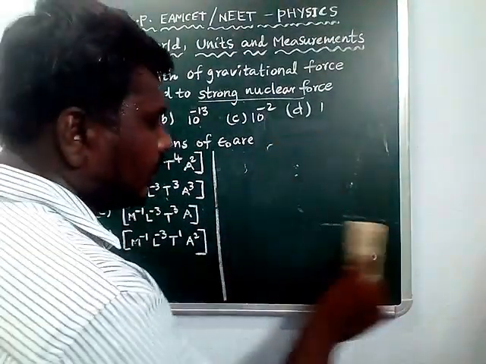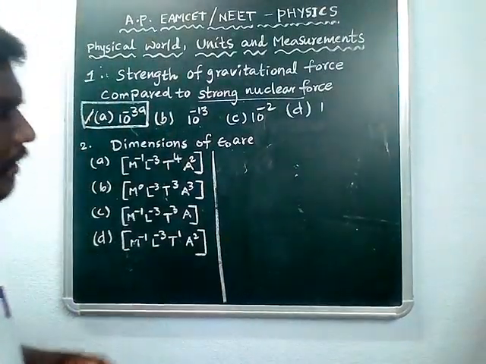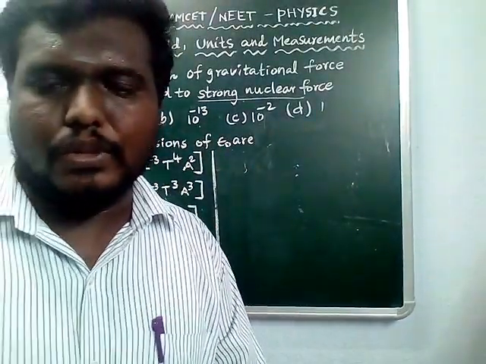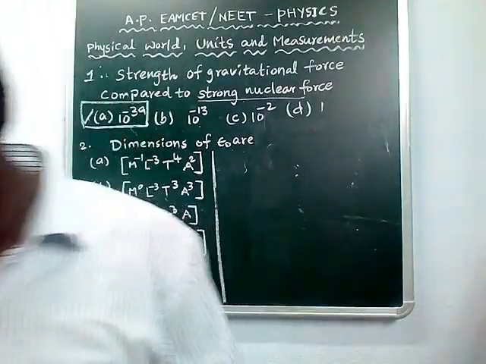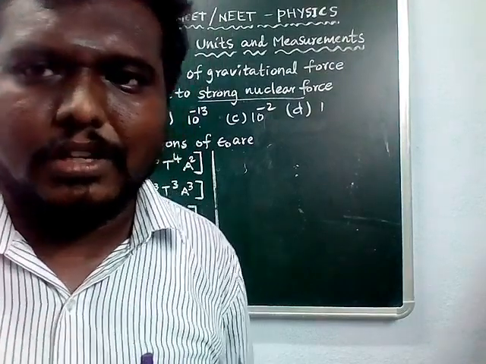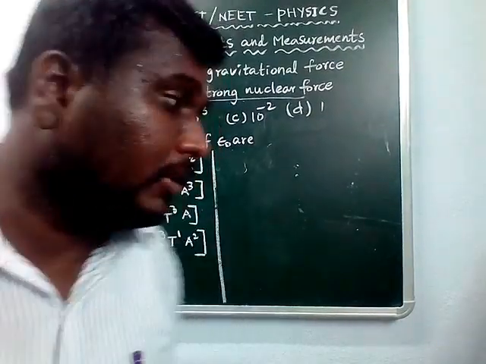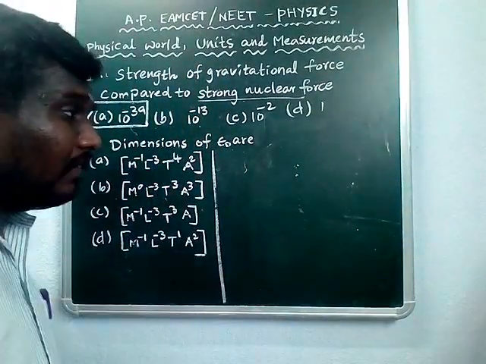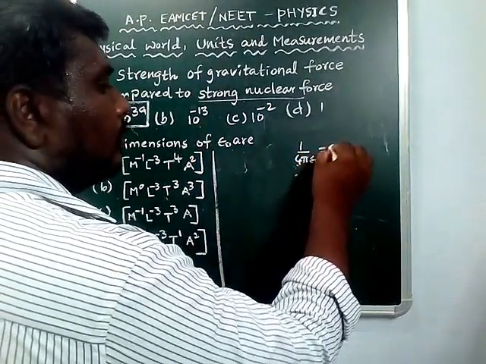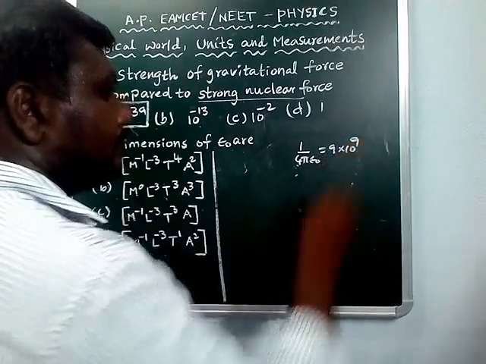The second question is the dimension of epsilon naught. Epsilon naught is called the permittivity of free space. You already know that the value of 1 by 4 pi epsilon naught is equal to 9 into 10 power 9.